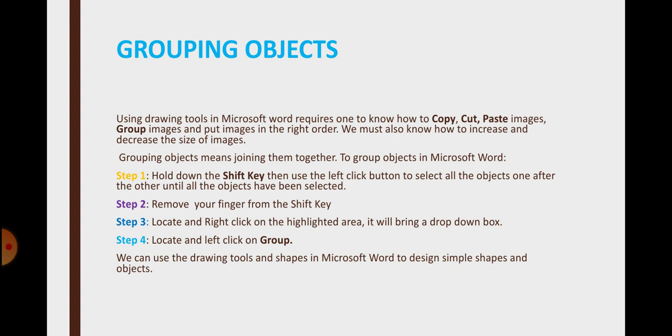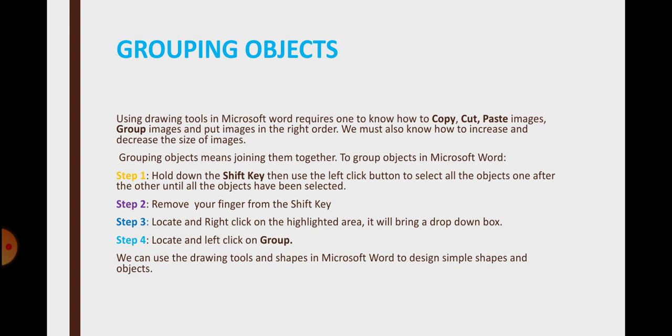When you are working with shapes and objects in Microsoft Word, the essence is to be able to convert those shapes and objects into other creative things. That is why we are going to be looking at using quantitative exercises.